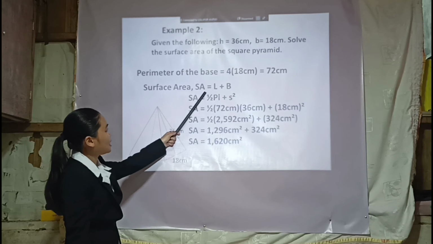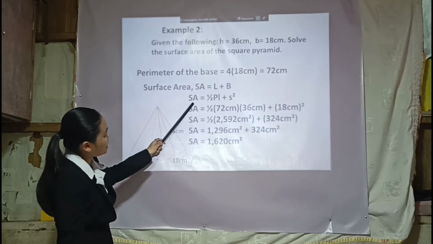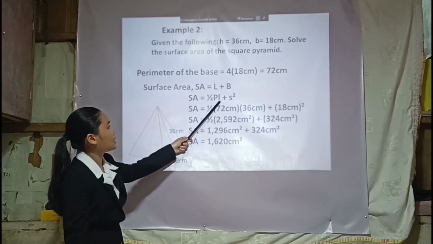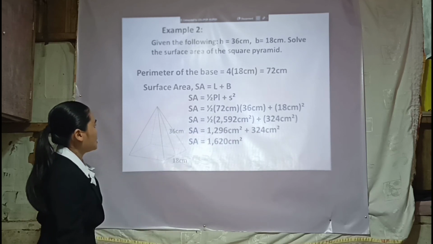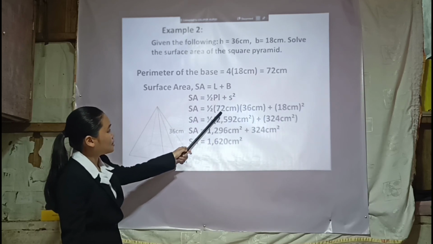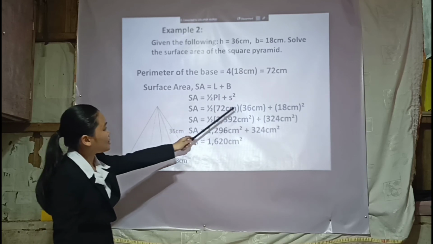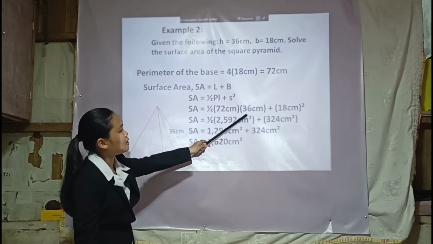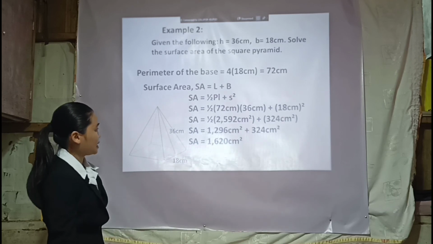Surface area, or SA, equals lateral surface area plus base. Surface area equals 1/2 times perimeter times L for the slant height, plus S squared for the side of the base squared. Surface area equals 1/2 times 72 centimeters, which is the value of the perimeter, times the slant height, which is 36 centimeters, plus 18 centimeters squared for the side of the base.